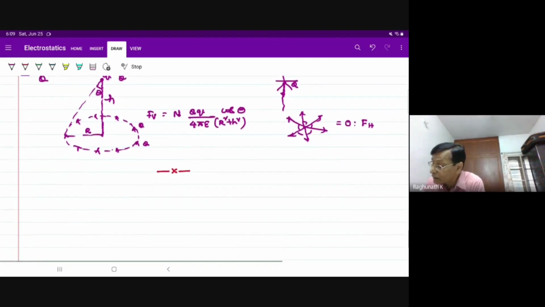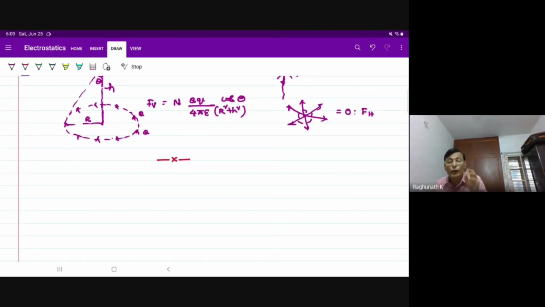If I can straight away get the force experienced by a given charge small q because of the ith charge capital Q in the resolved form, the resultant is just the addition of their respective components.